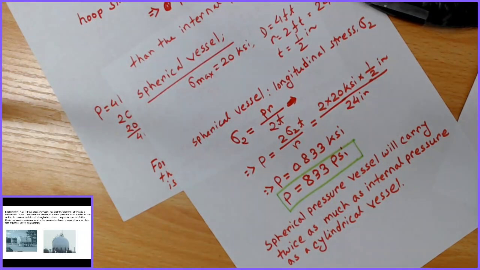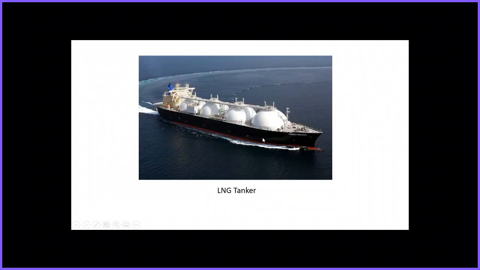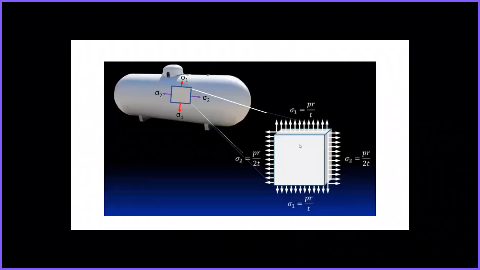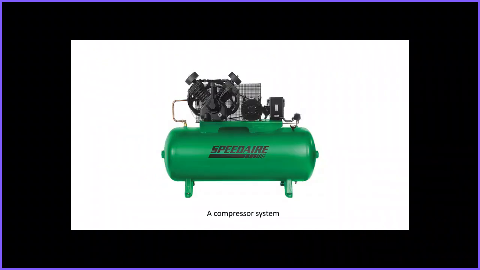So you may ask then, why are not all the pressure vessels spherical instead of cylindrical? For example, the pictures I showed first, why does this one have a cylindrical shape instead of spherical, since a sphere can withstand more pressure?